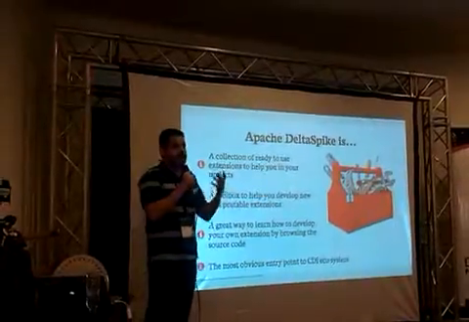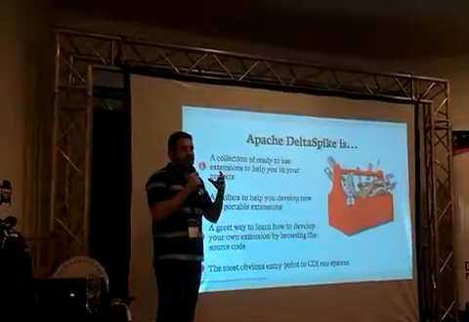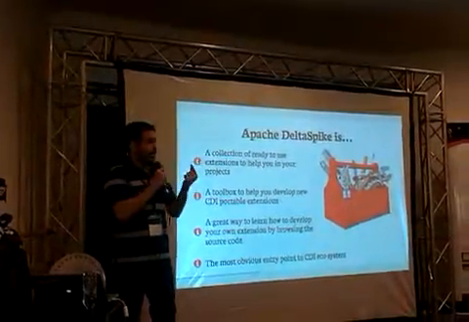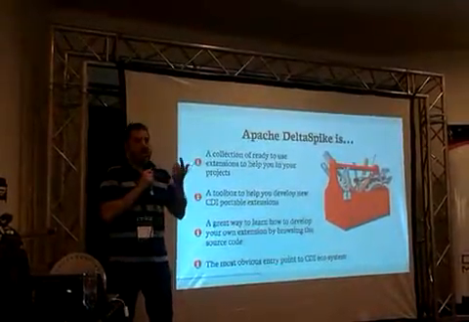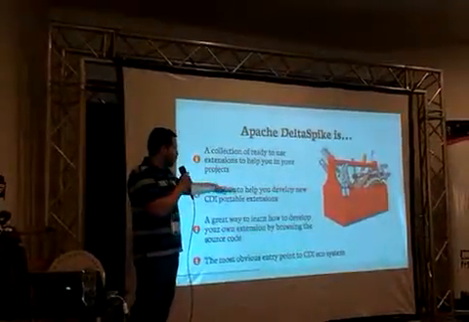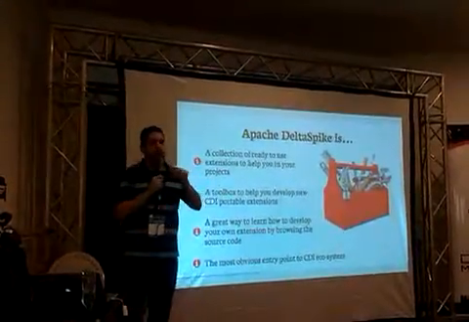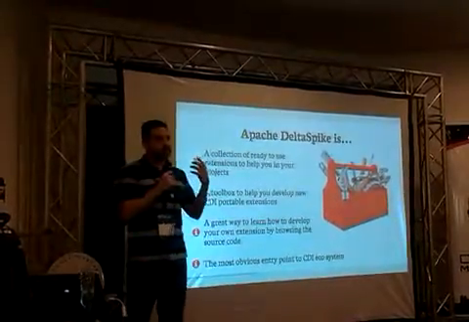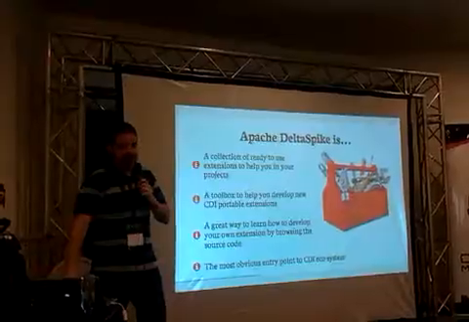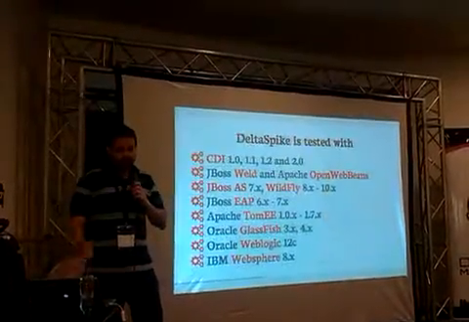It's hard, the API is hard, there is little documentation. And here is another advantage of DeltaSpike, because DeltaSpike helps you to create your own portable extensions. Not only does it provide new features, but it helps you to create new extensions.